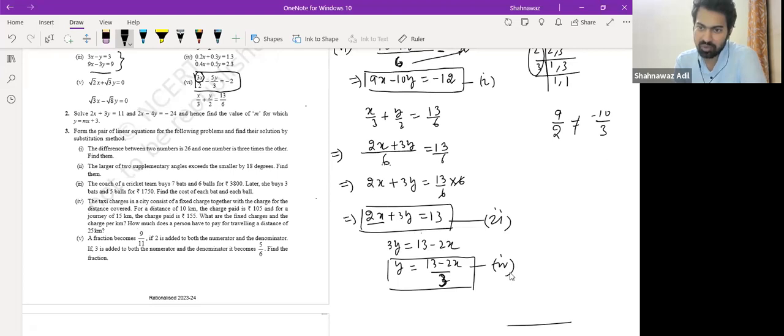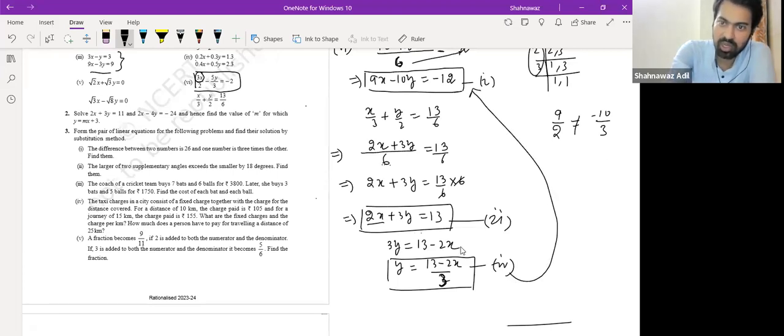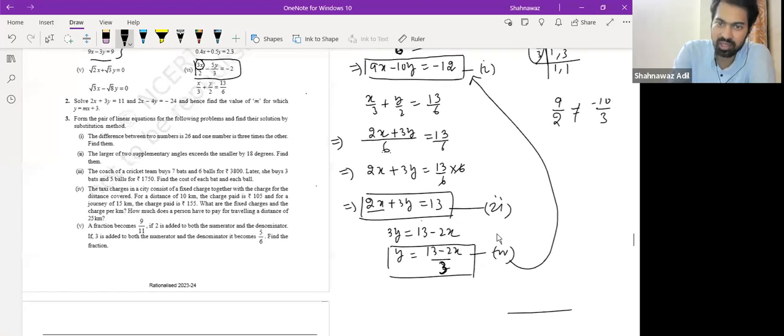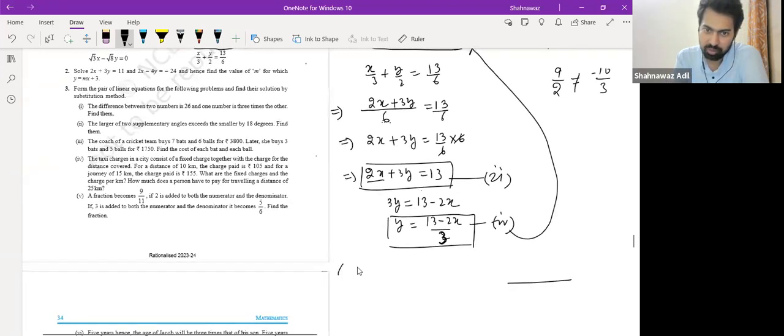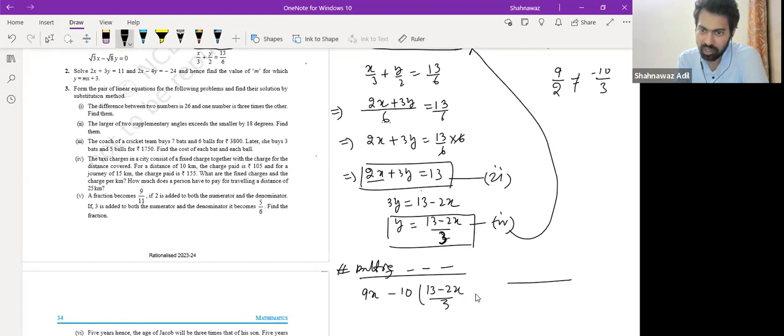And we will put this value in this first equation. So 9x minus 10y, where y is 13 minus 2x by 3, and this is minus 12. Was this the equation?